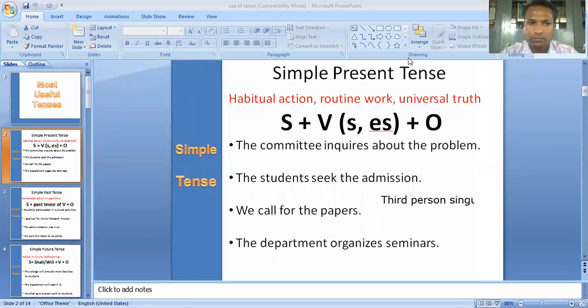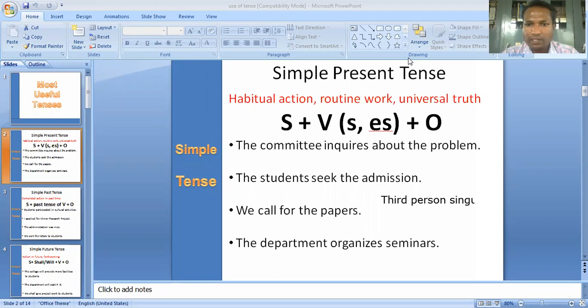Mane. Yes, sir. Read the first example. Hurry up. Jadhav, read the example. The committee inquire about the problem. Okay. The committee inquires about the problem.